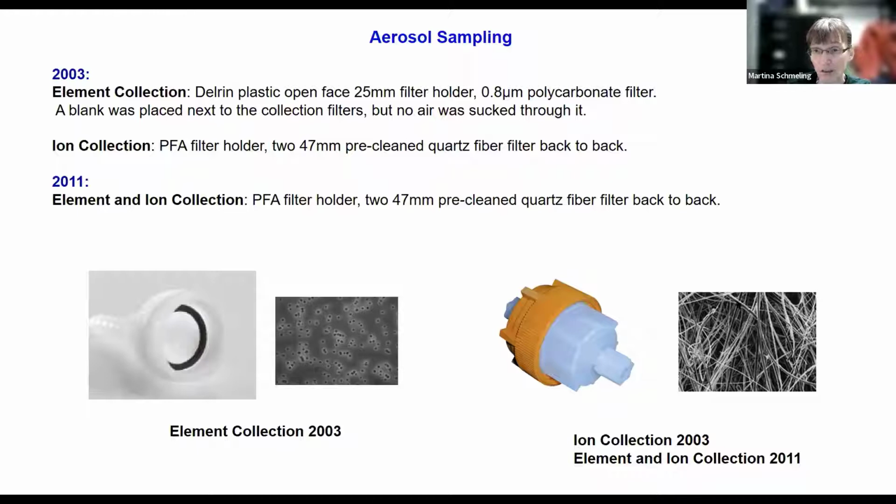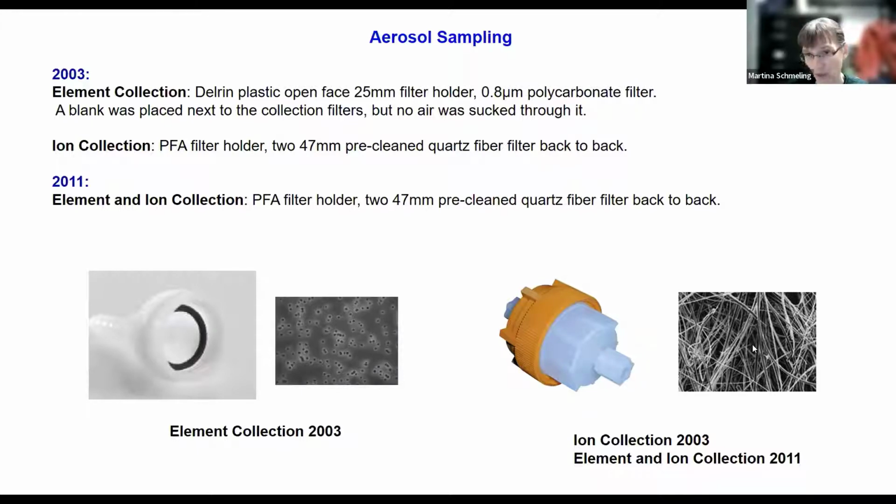And this is an SEM electron picture of the quartz fiber filter. Fiber filters behave a little bit differently because particles are collected on top of the polycarbonate filter, whereas in the fibers they will be collected within the filter. This is why we did a back-to-back filter setup, because sometimes not everything is collected within the filter.